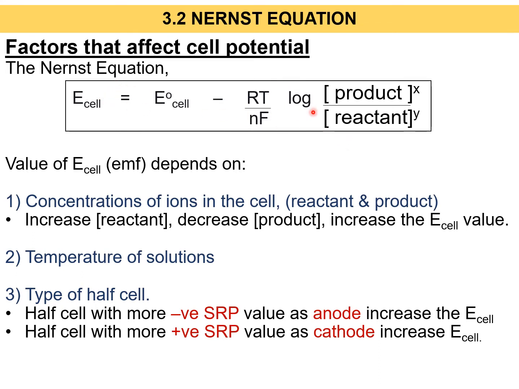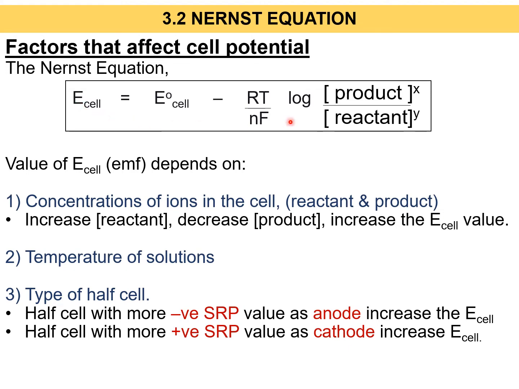And supposedly kalau tak ada log ni, the relationship between Ecell dengan product adalah directly proportional. The relationship between Ecell dengan reactant ialah indirectly proportional, tapi sebab ada log kat sini dia jadi terbalik. Therefore, bila kita naikkan concentration of the reactant, the value of Ecell pun akan increase.